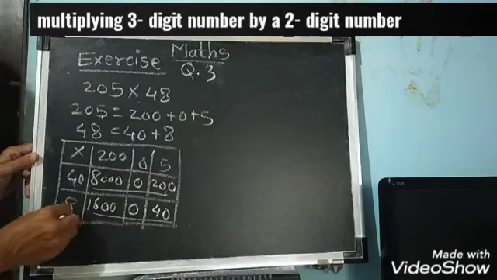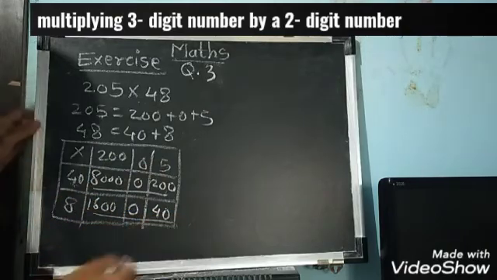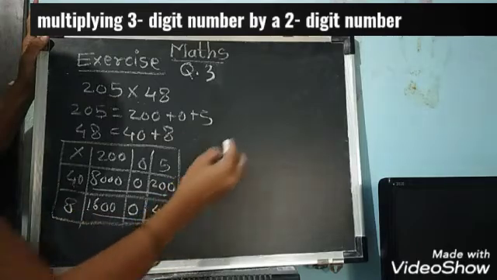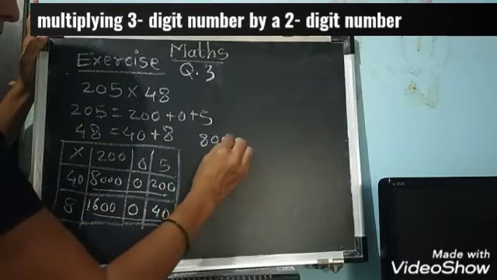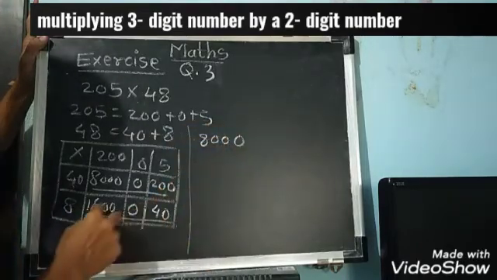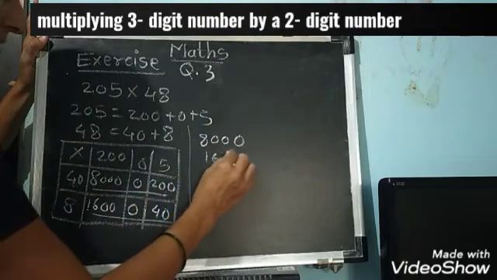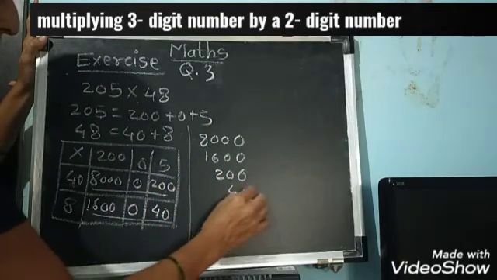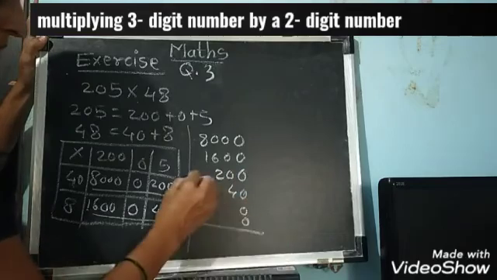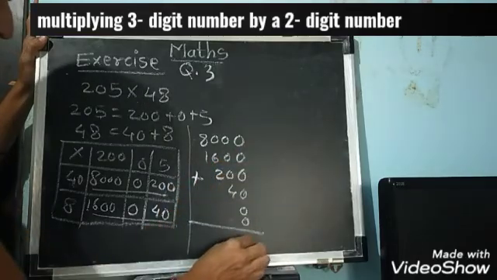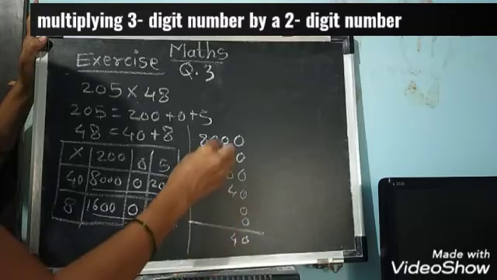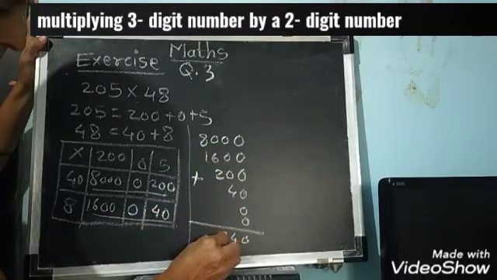There is no zero in both boxes, so don't write a zero on 40. Now add the 6 boxes. 8,000 plus 1,600 plus 200 plus 40 plus 0 plus 0. Do addition. 0 plus 0 plus 4, 4. 6 plus 2, 8. 8 plus 1, 9.